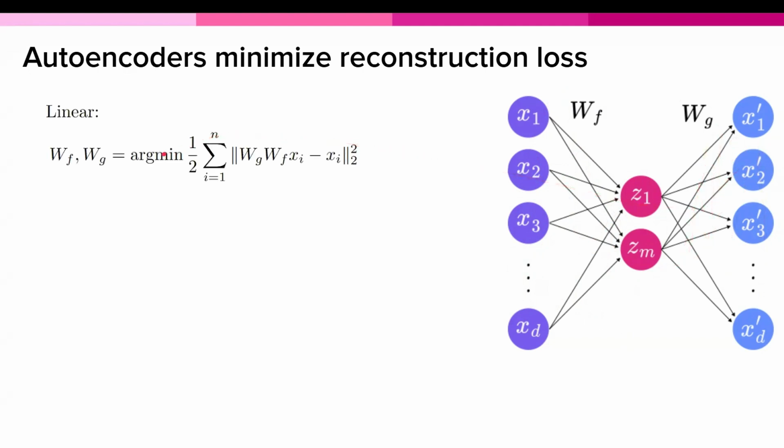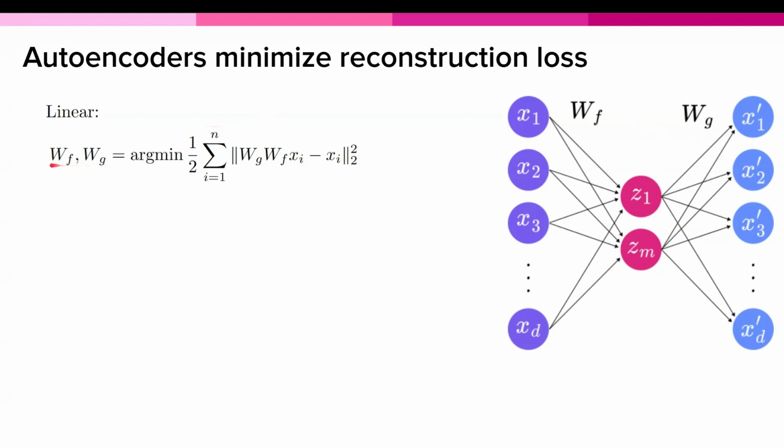And so for the network to behave like an autoencoder, we want to select those weights such that the reconstructed output x prime is a close match to the original input, subject to, of course, the constraint on the lower dimensional representation in that bottleneck layer.